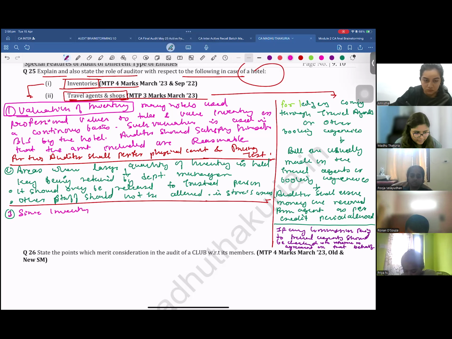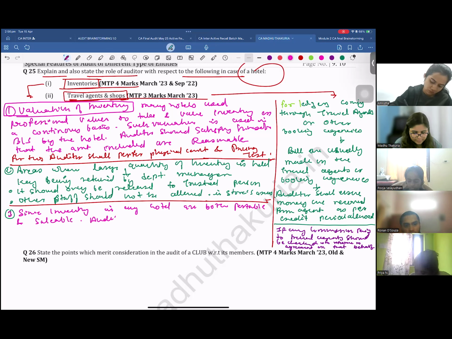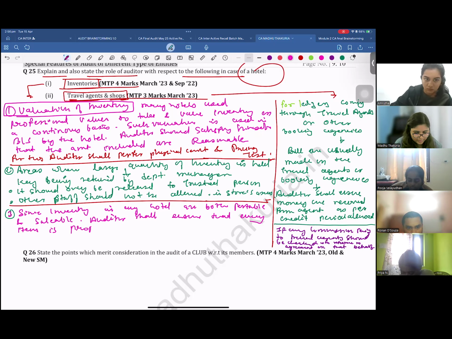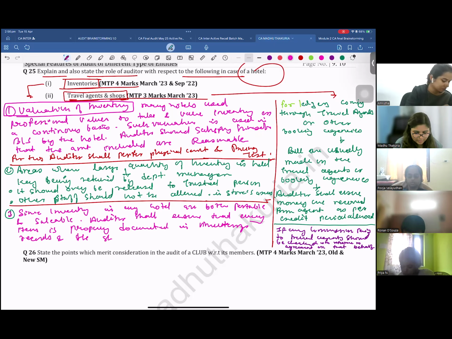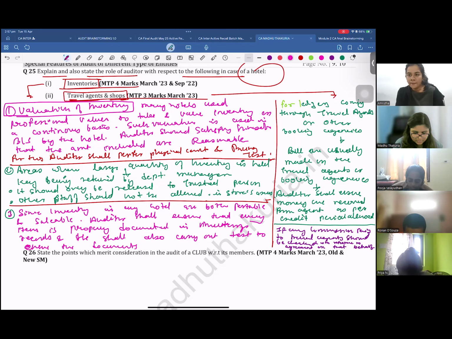Since inventory in any hotel are both portable and saleable, auditor shall ensure that every item is properly documented in inventory records, and he shall also carry out test to ensure the documents are properly processed to trace movement, right?